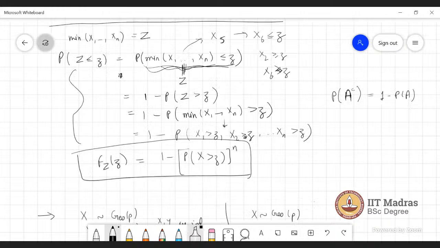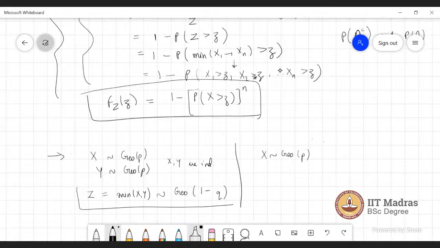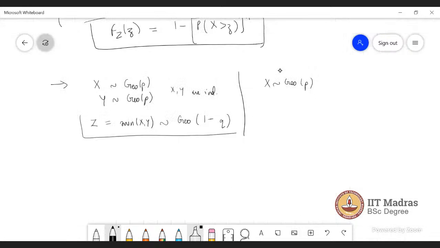If you have to find the distribution of the minimum, you can go through the same method. Actually, this will be 1 minus the previous distribution value. So this will be the probability of x greater than z, to the power. I didn't get you.